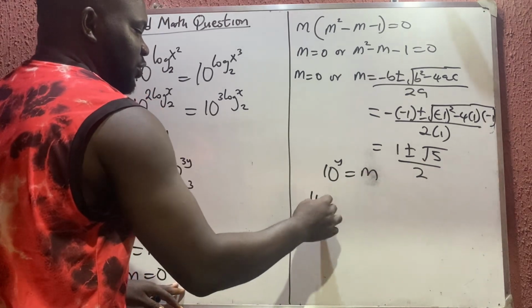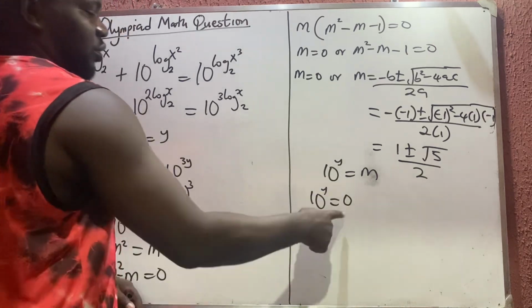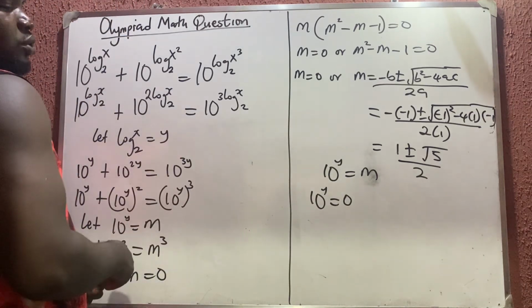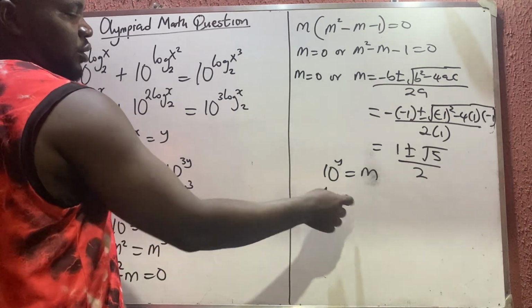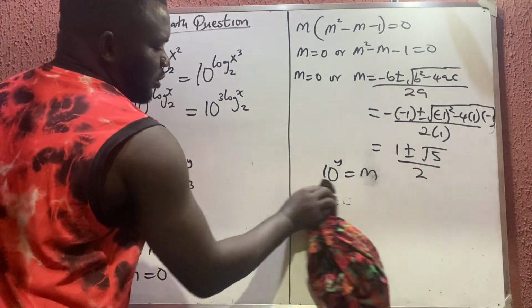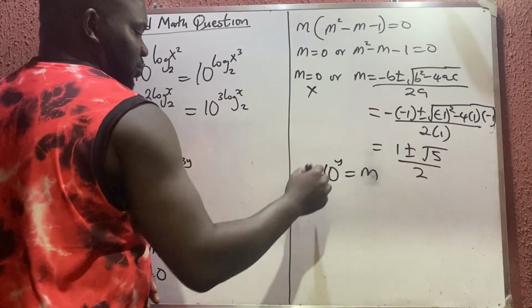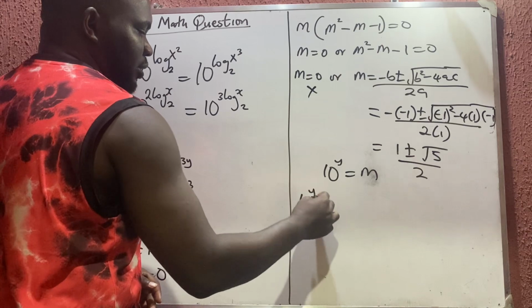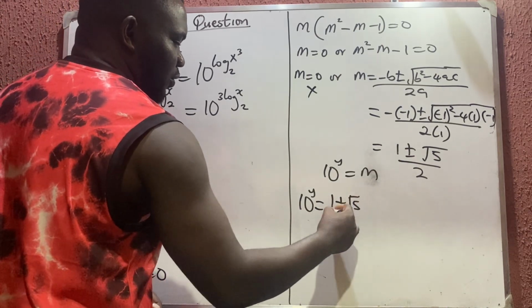So 10 raised to the power y is equal to m. The first one we got was 0, but there is no solution here, because there is nothing you can raise a power of 10 to that gives you 0. So this one is out. Let us check these two. I have that 10 raised to the power y is equal to 1 plus root 5 over 2.